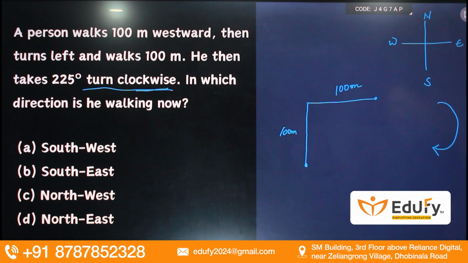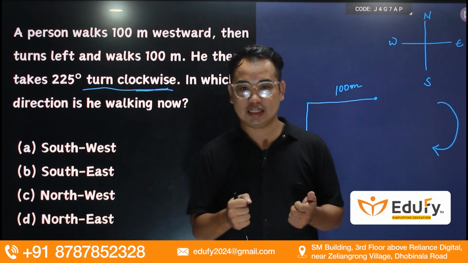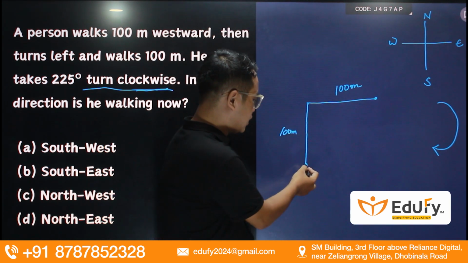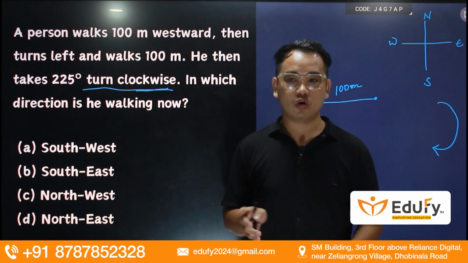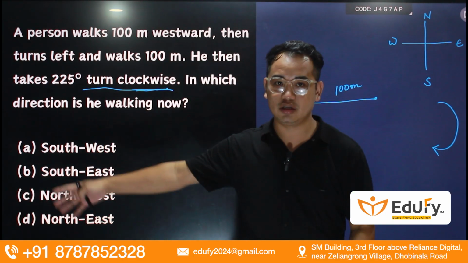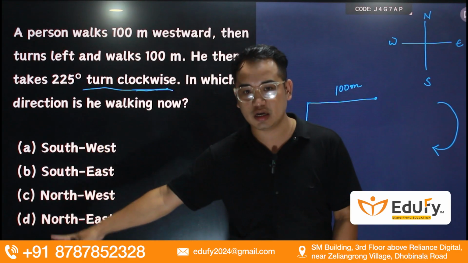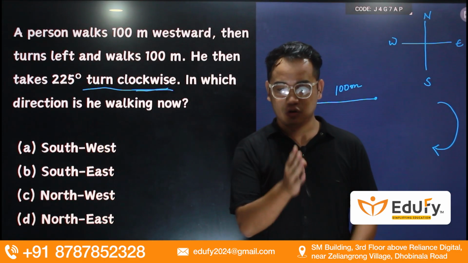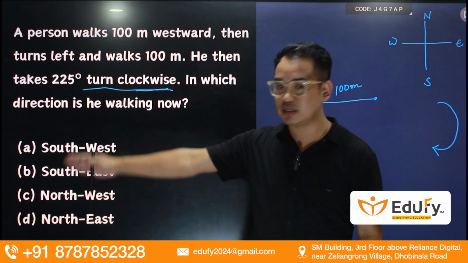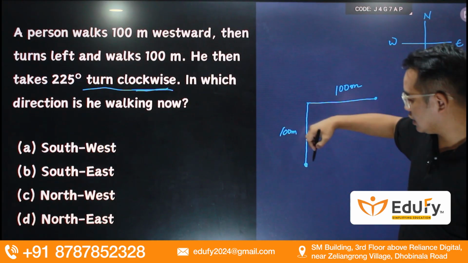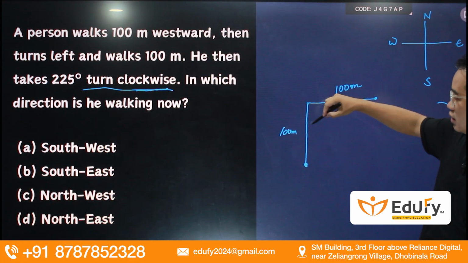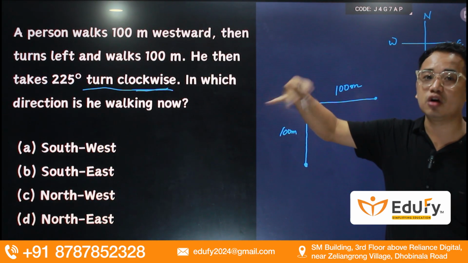Since you're standing on this position, let me assume that I'm standing here. So clockwise means it will be in this direction, and you start from this side. If you're standing here, clockwise means I'm going this way, and the turn is 225 degrees.